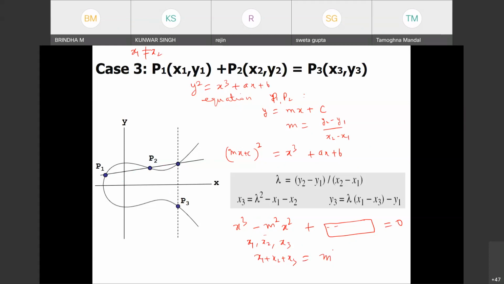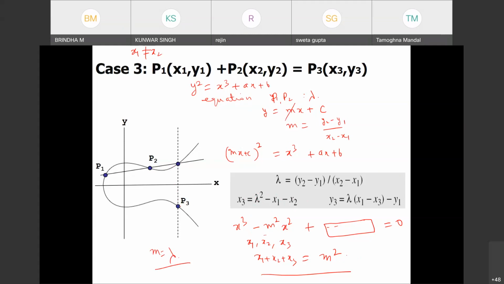Two you already know, x1 and x2, so x3 will be m square minus x1 minus x2. This m is the slope, denoted by lambda, so lambda square minus x1 minus x2 is x3.